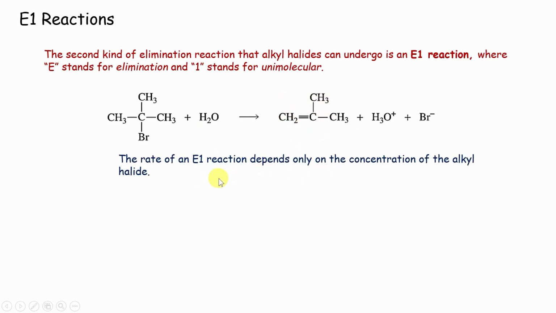The rate of an E1 reaction depends only on the concentration of alkyl halide, not on the base, and hence it is a unimolecular reaction. Rate is equal to the rate constant k times the concentration of alkyl halide.